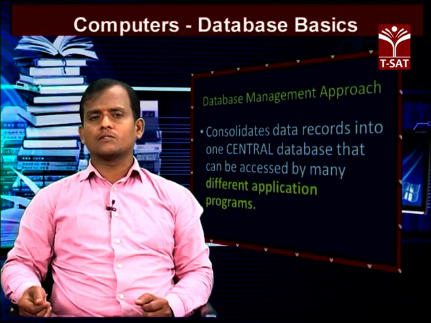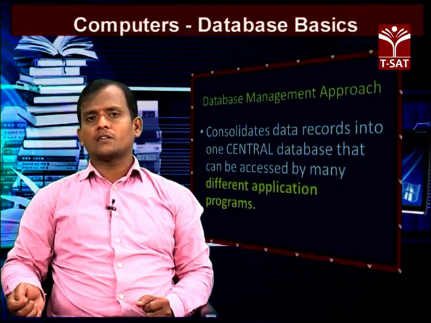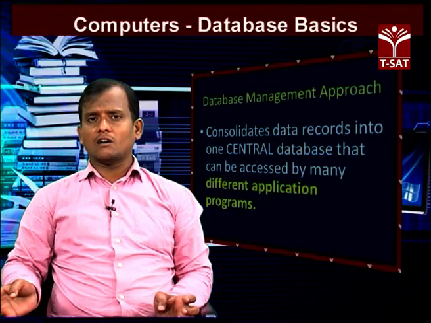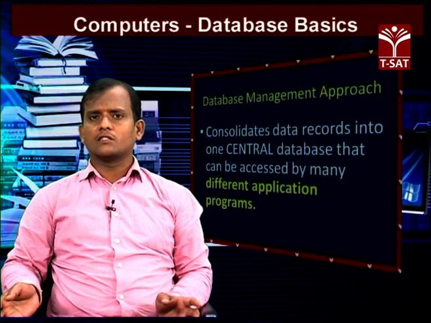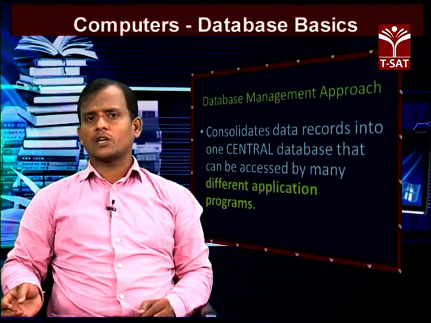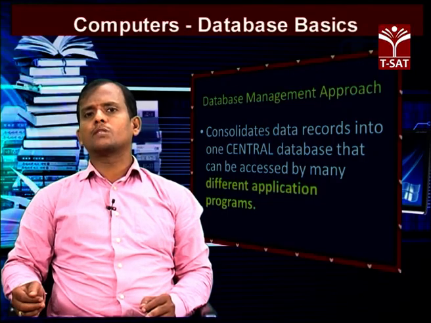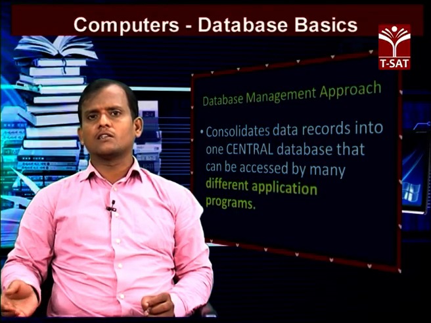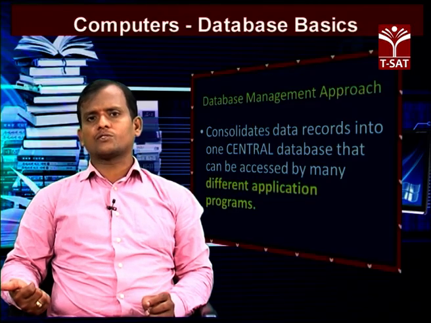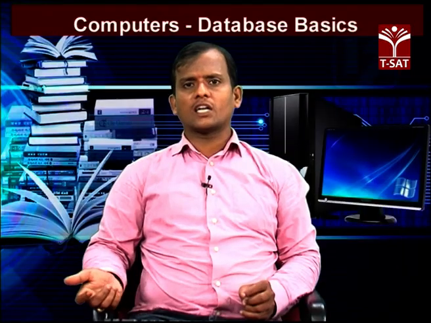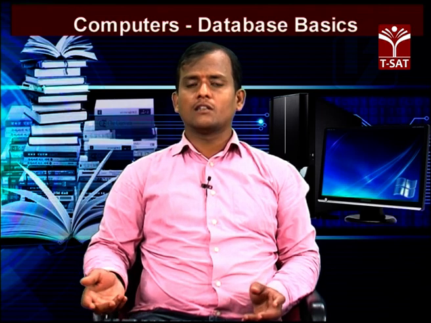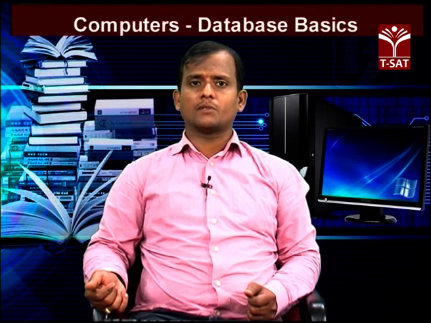It means that we are clubbing all the data into one location, and that location can be pointed to by many applications. If a Java application wants to access data, there will be some address, some location which connects to the database and gets the data. If a .NET application wants to access the data, there will be some point, some location which connects to the database and gets the data.